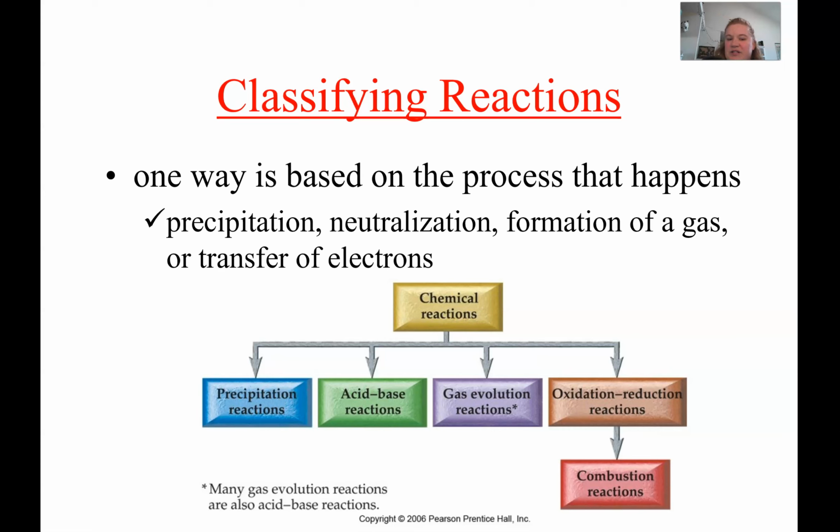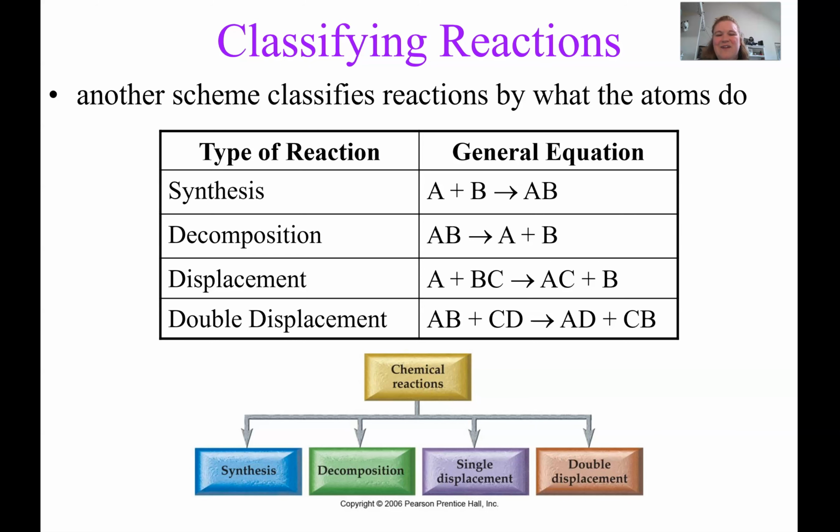So the big part of this chapter was classifying reactions based off of what happens, whether we make a solid, whether we make bubbles. We're going to talk about one more way on how to divide up our reaction types, and this is based off of what the atoms are doing, how the atoms are moving around. So we have 4 more categories: synthesis, decomposition, displacement, and double displacement. And we have some very generic equations there, but I'm going to give you a couple more specific examples.